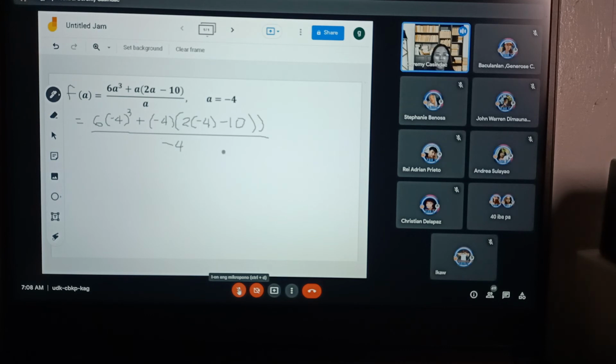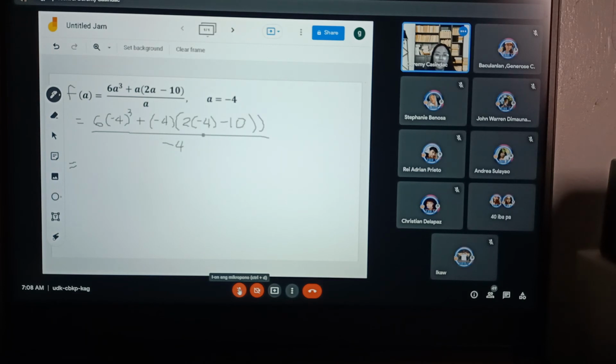So what would be the first one? Anyone? Ano una nating susolve dito? Uunahin po muna nating isolve yun sa may parenthesis po. Okay, thank you. Which one?